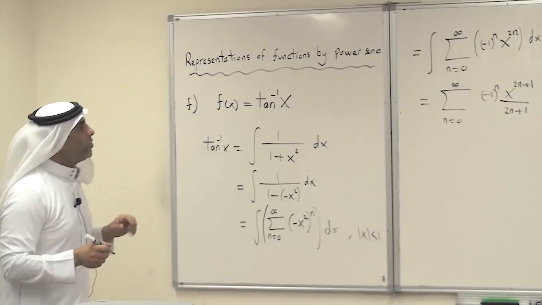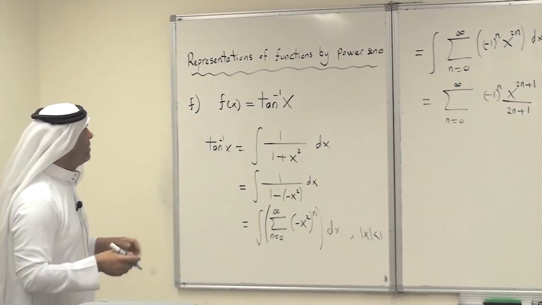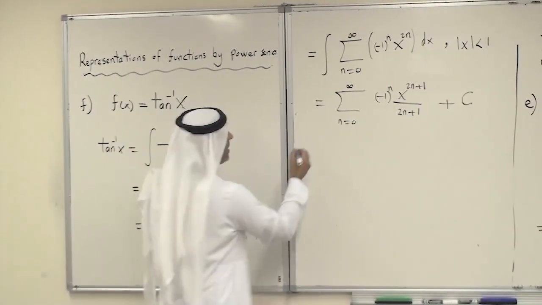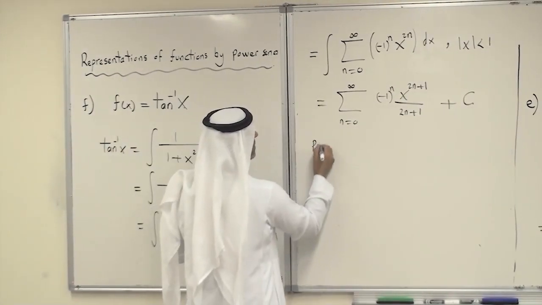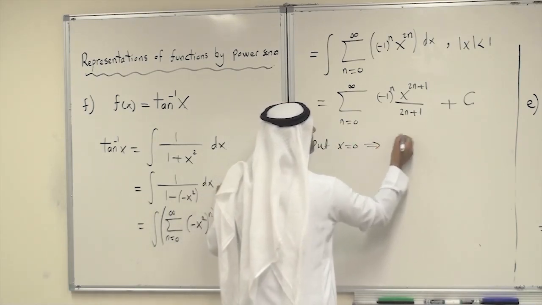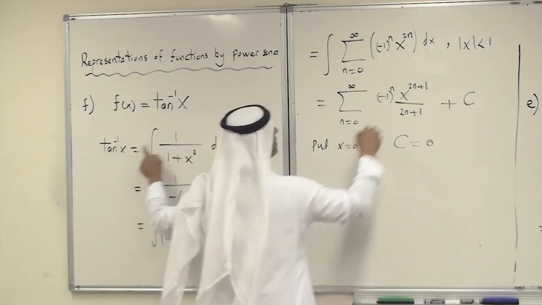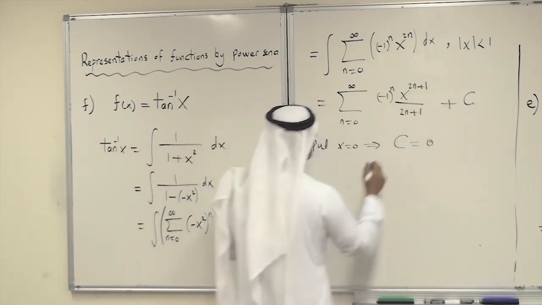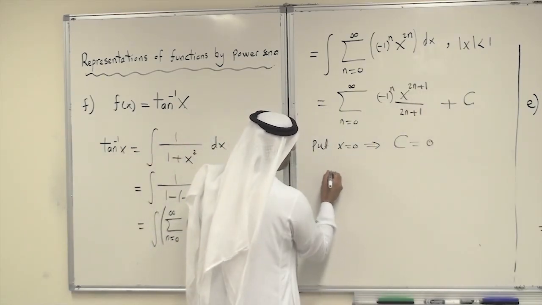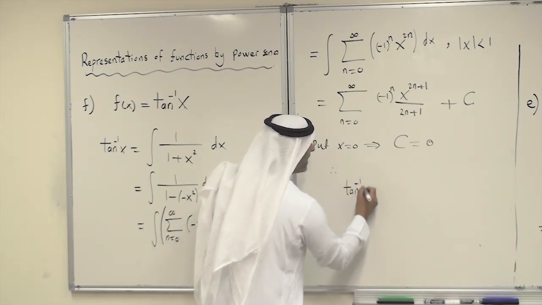By choosing a specific point, for example setting x equal to 0, I have tangent inverse of 0, which is 0, everything here is 0, so c will be equal to 0.